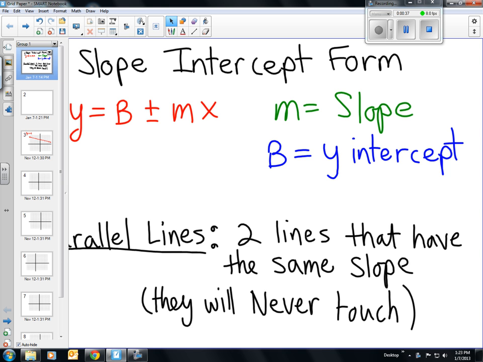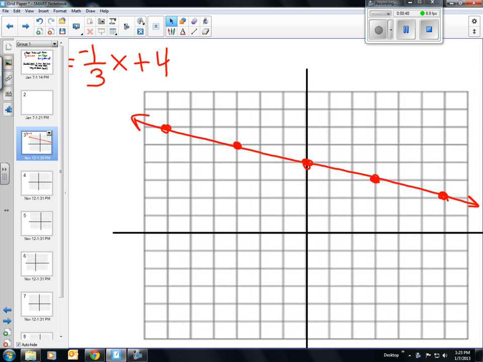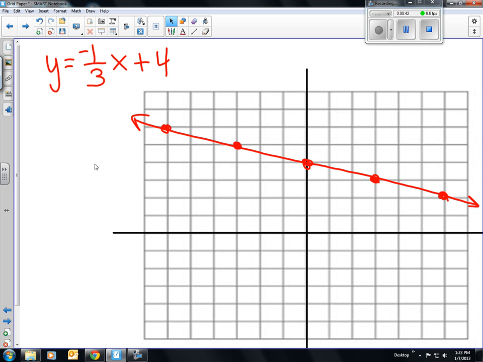Now, if we look at a line in the coordinate plane, the red line here is y equals negative 1/3 x plus 4. If we want a line that's parallel to that line, we know that its slope has to be negative 1/3. It has to be the same as the slope of that line. So if we wanted a line passing through this point and parallel to the red line, it's going to have a slope of negative 1/3, and we can use that slope to find other points along that line.